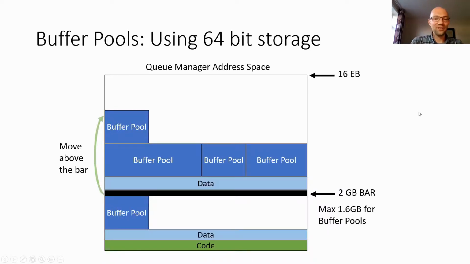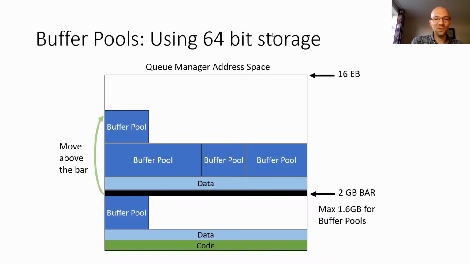Now, a number of years ago, the queue manager pretty much only used information that was below the 2 GB bar in its address space. So only information that could be addressed in 31-bit address, in the 31-bit portion of its address space.